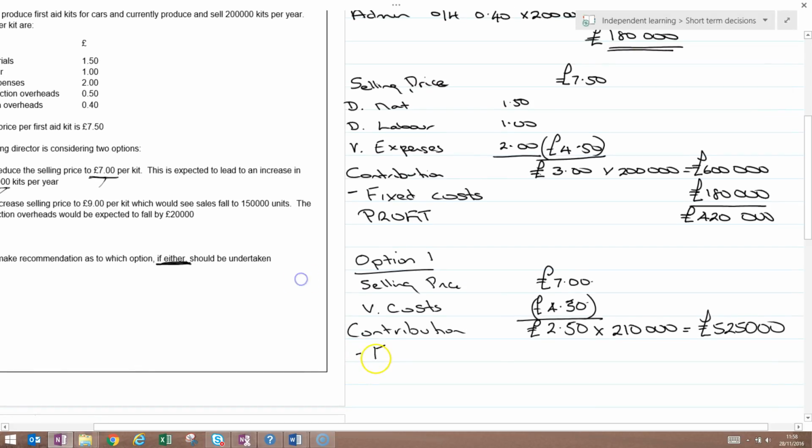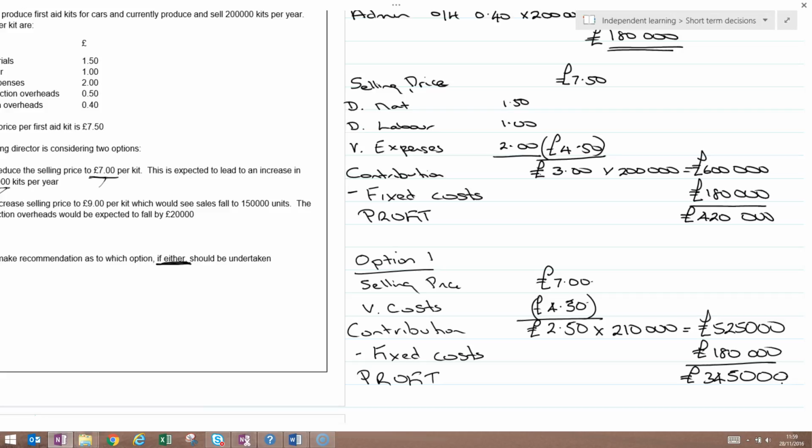Take away fixed costs of 180, and we have the profit under option 1 of £345,000. So we can immediately see that that is obviously not as good as our current profit of £420,000. So we would not consider option 1.